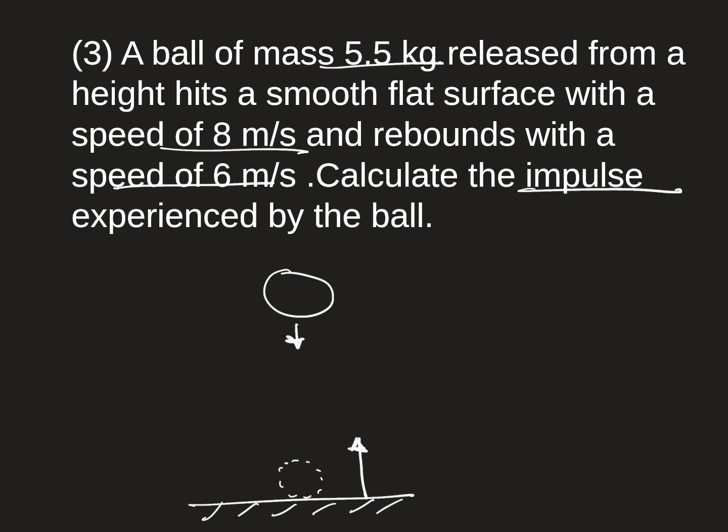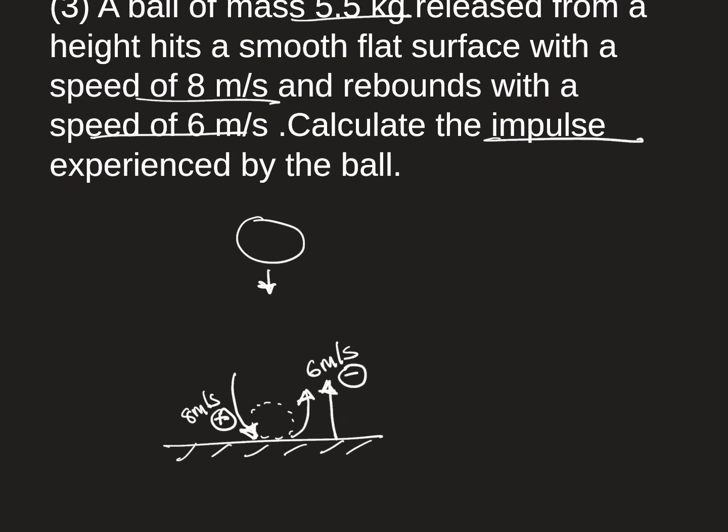It impacts the ground at a speed of 8 meters per second, but while leaving the ground, it left with a speed of 6 meters per second. Moving downwards will be considered positive, moving upwards will be considered negative.